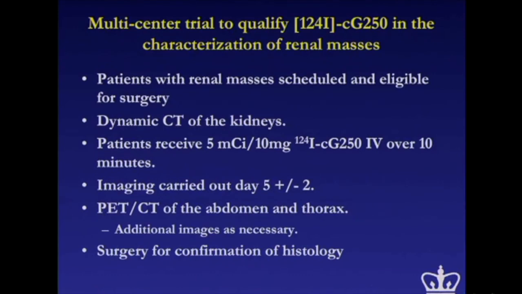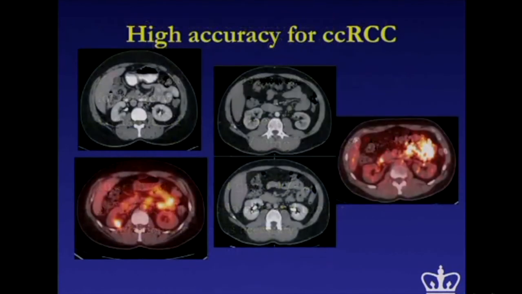So we had the usual criteria for patient inclusion, and this is what we found. In patients who had very clearly positive CTs for clear cell cancer, the antibody was positive. There was an important subset where they were CT positive by criteria that were both quantitative and qualitative, but they were antibody negative, and the antibody was right in most of the instances.